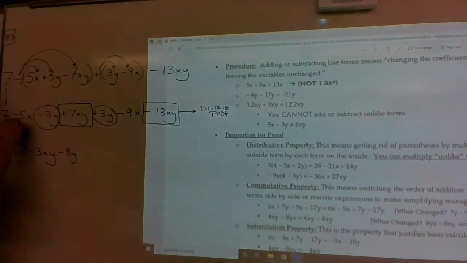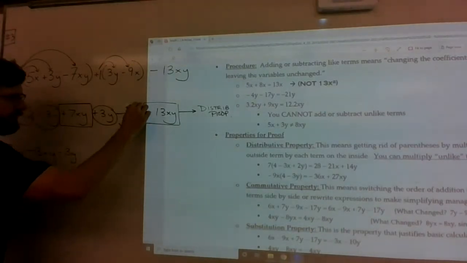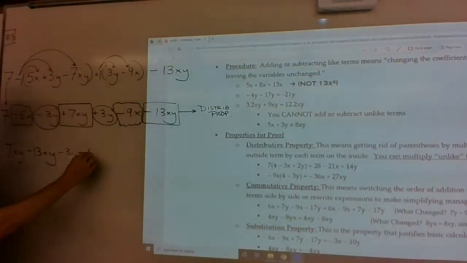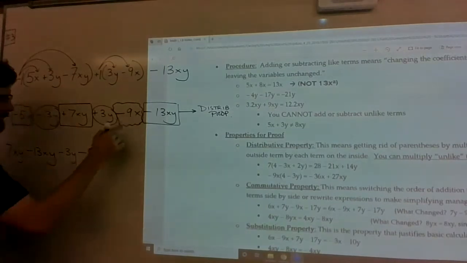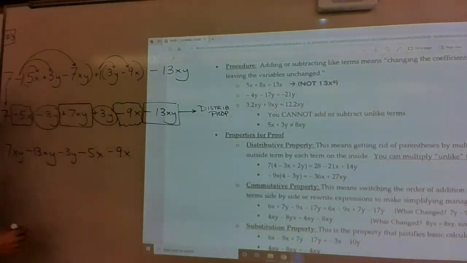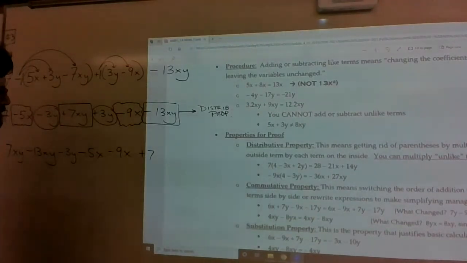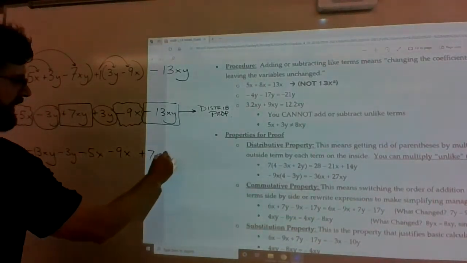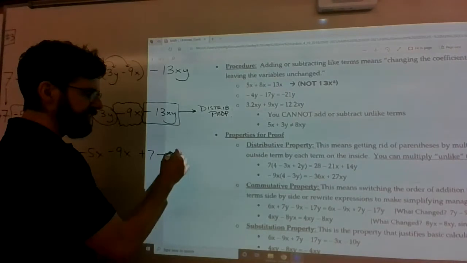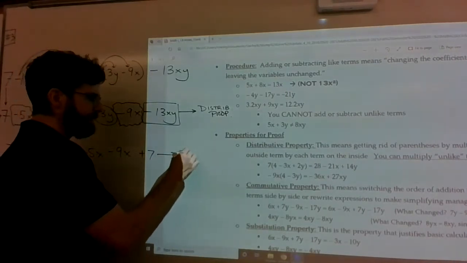We'll go negative 5x being moved side by side with negative 9x. And then there's just a positive 7 left over at the end. Yeah, that's the commutative property. Rearranging things so that the like terms are side by side.